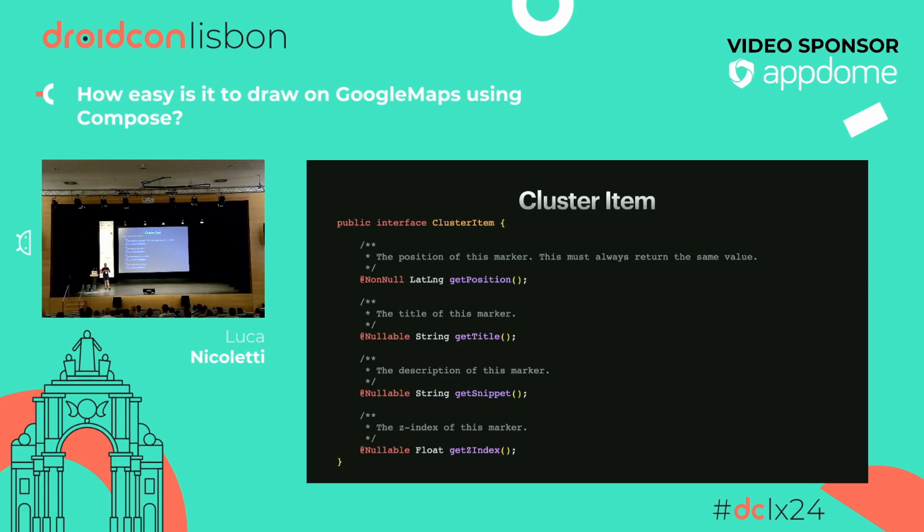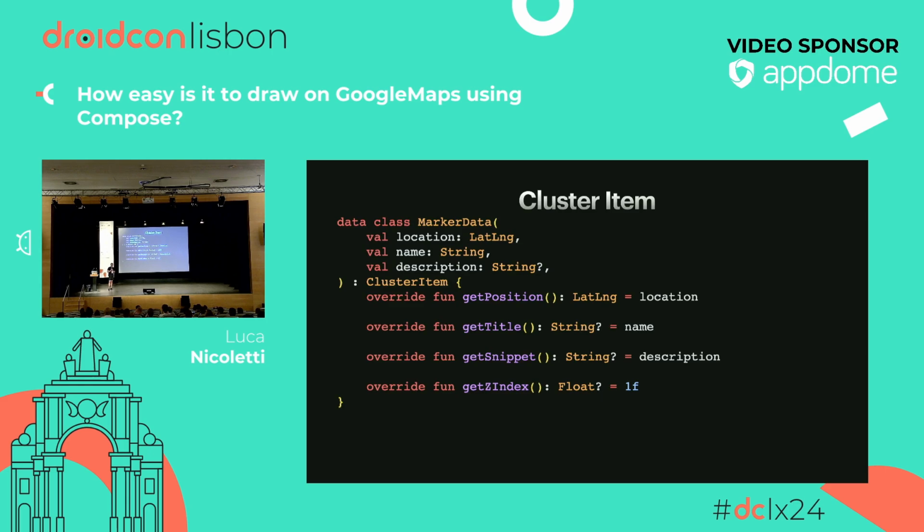The z-index is used to determine which marker is drawn on top of the other if they overlap and are not clustered together. It shouldn't happen, though. This is just a really simple implementation: location, name, and description, and hard-coded z-index 1 for all the cluster items. You can specify null to let the default implementation go and do its job.